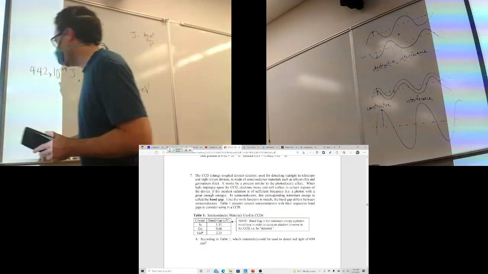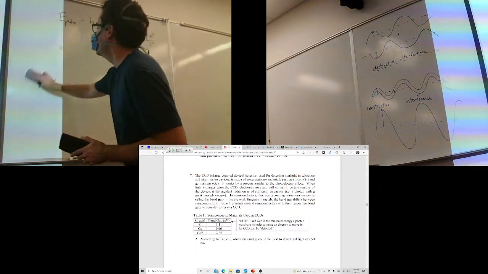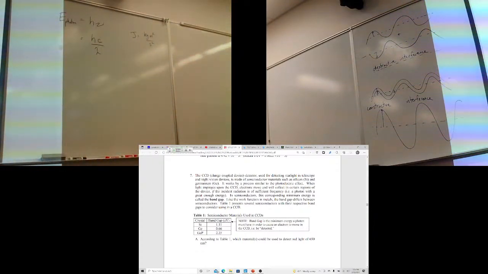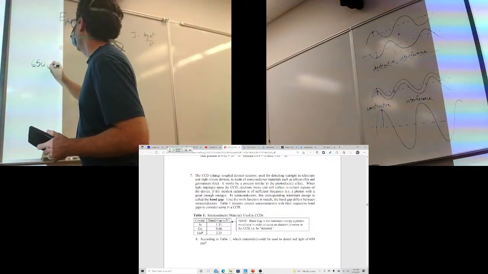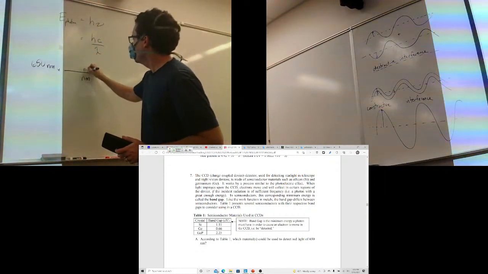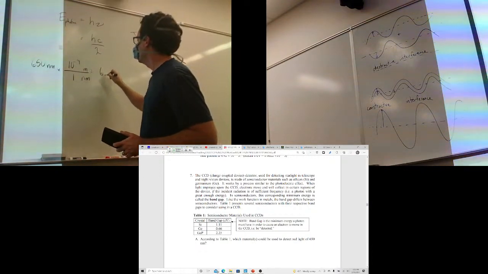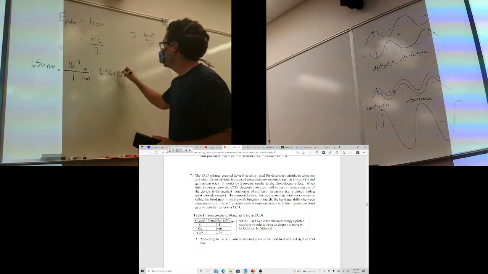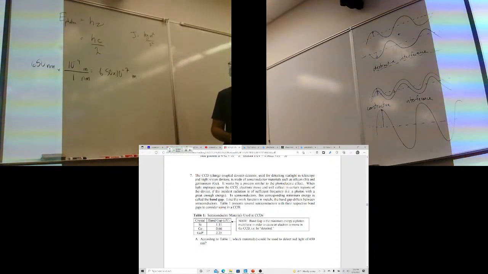Well, we'll have to convert the 650 nanometers into a comparable energy in electron volts. So 650 nanometers. First, let's convert that to meters. 1 nanometer is 10 to the minus 9. So that's 6.50 times 10 to the minus 7 meters.